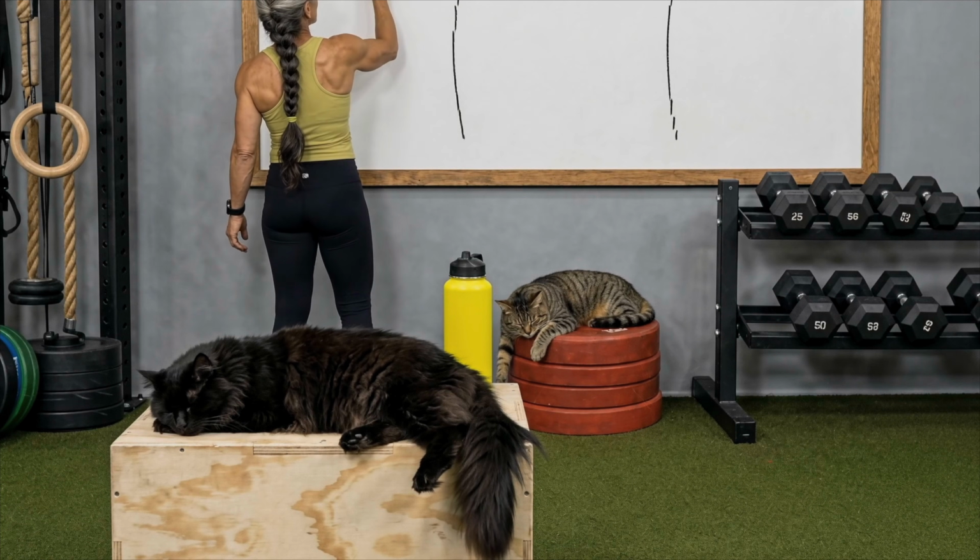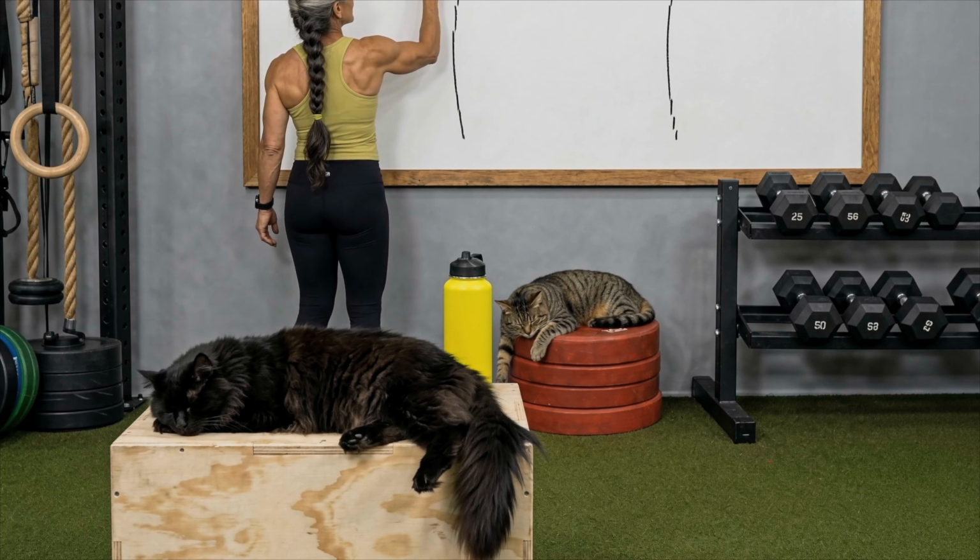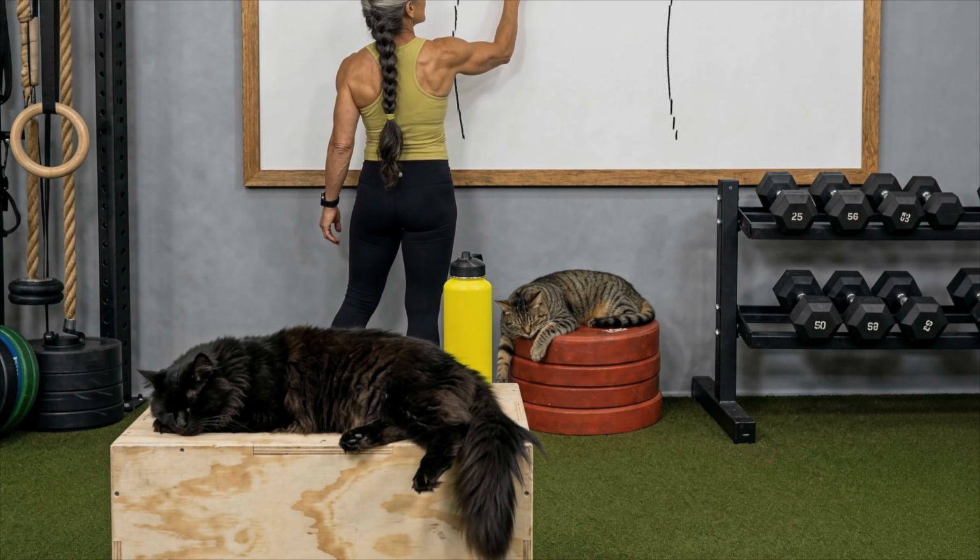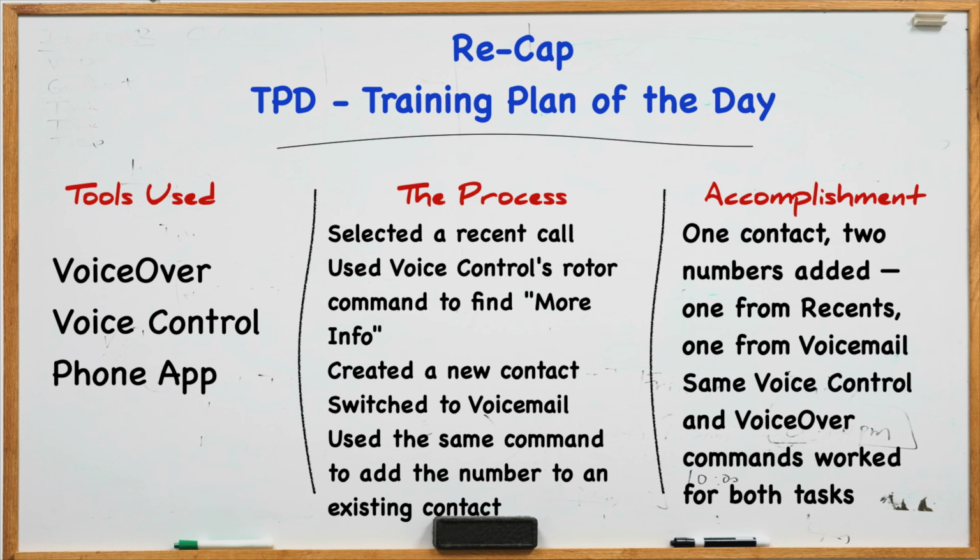Let's do a quick recap of what we did in today's training plan of the day. Used voice control commands to move VoiceOver around the screen so you always knew exactly where you were. What you accomplished today: turning anonymous phone numbers into names you will recognize the next time they call or you need to call them.